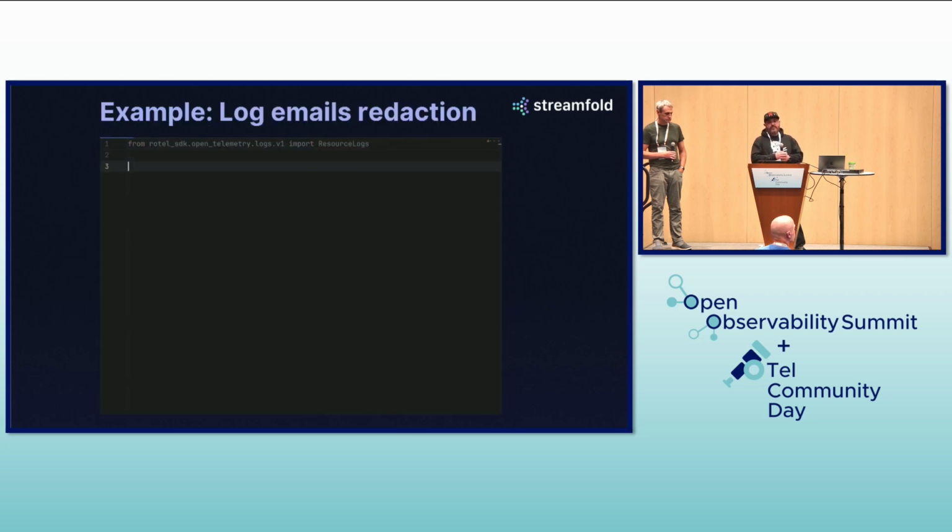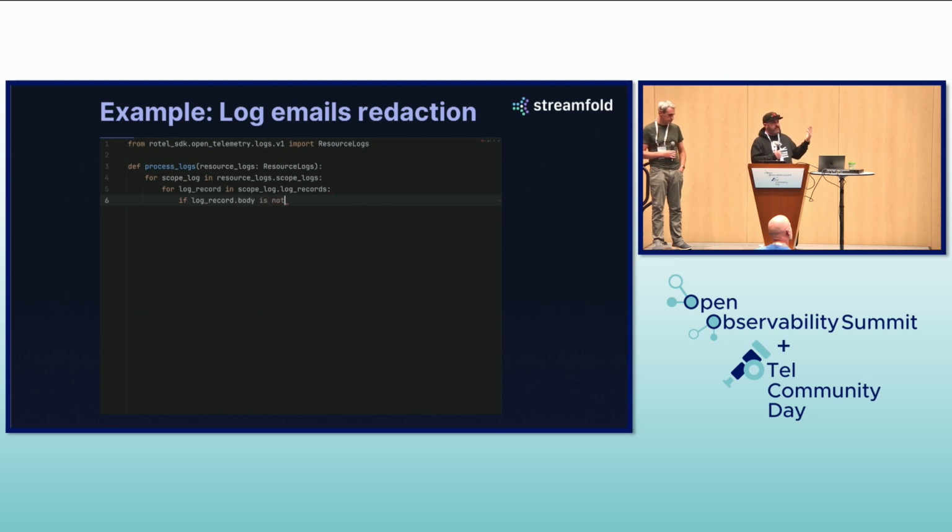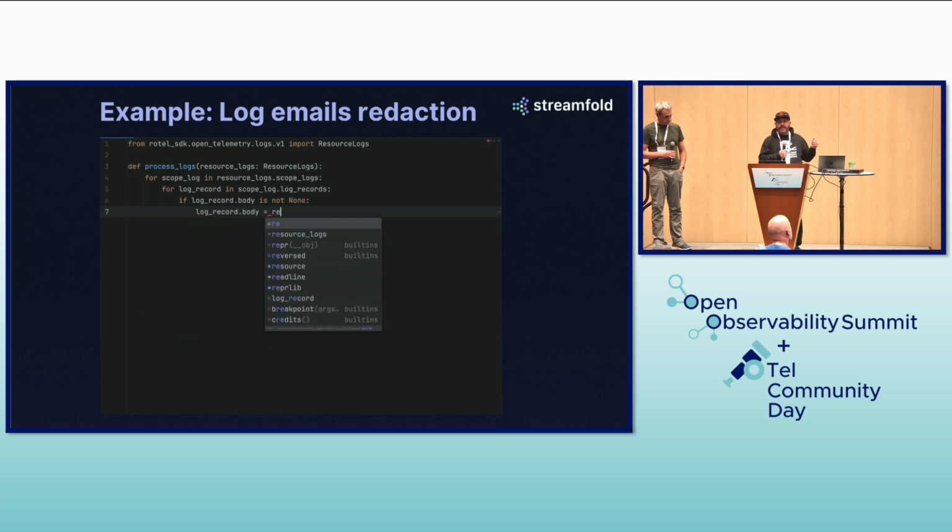I want to show you an example here. This is an example of using the SDK and writing a processor to redact emails from a log. You can see I'm using RustRover, basically a JetBrains product. But if you have integration with any LSP, you have type hints with the package. It brings in all of the OpenTelemetry types, and you get autocomplete.